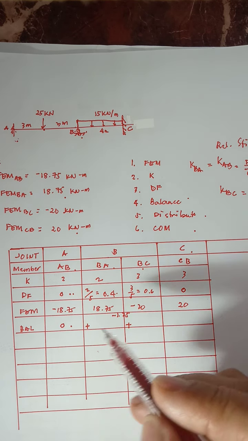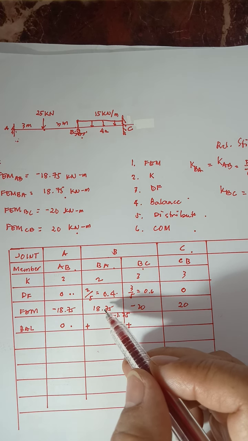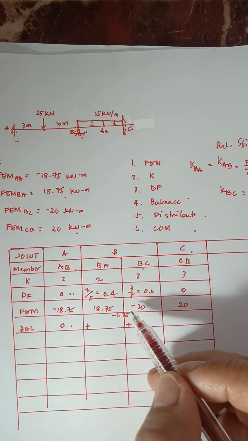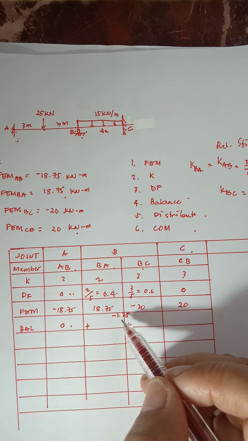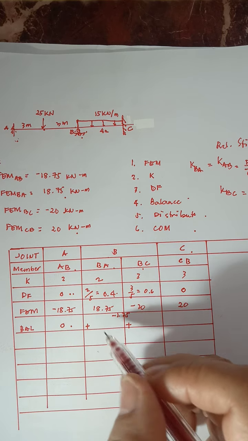Okay? So at this joint, the moments, positive or negative, have a balance of minus 1.25. The moment resisted by member BA will be opposite in sign.